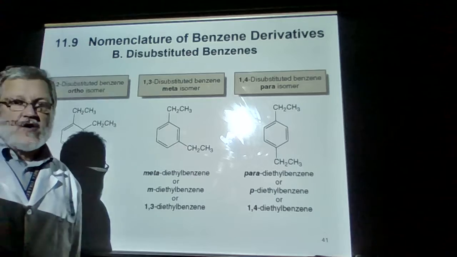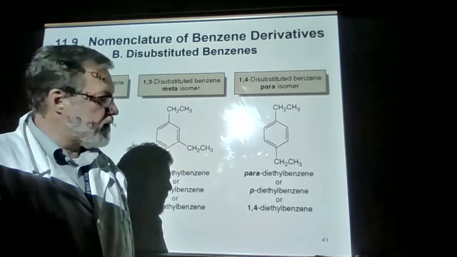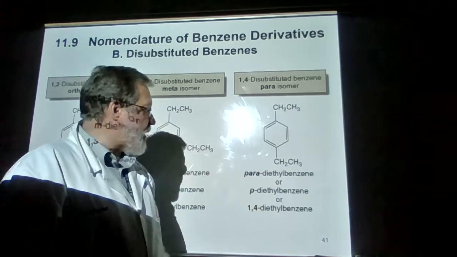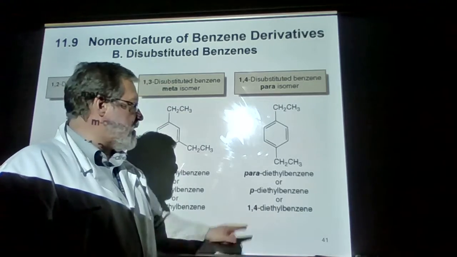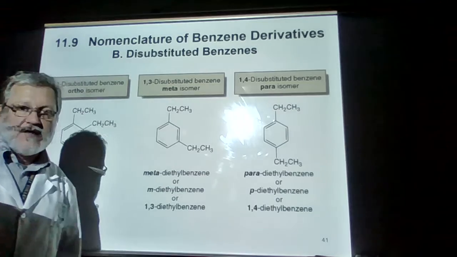A 1,4 substituted aromatic ring is para. So this is para diethylbenzene, or P diethylbenzene, or 1,4 diethylbenzene.